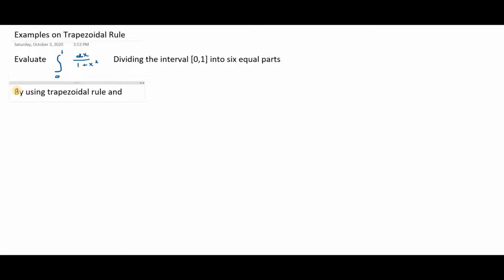And hence find the approximate value of pi.